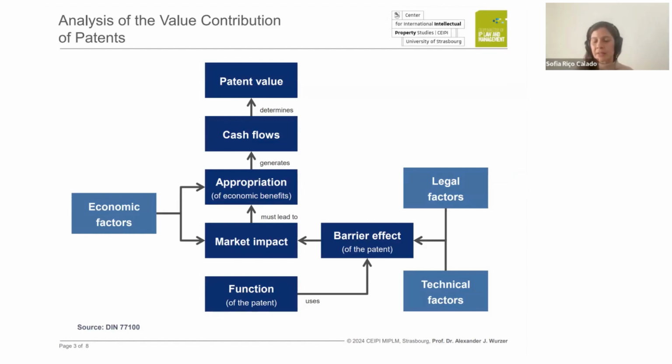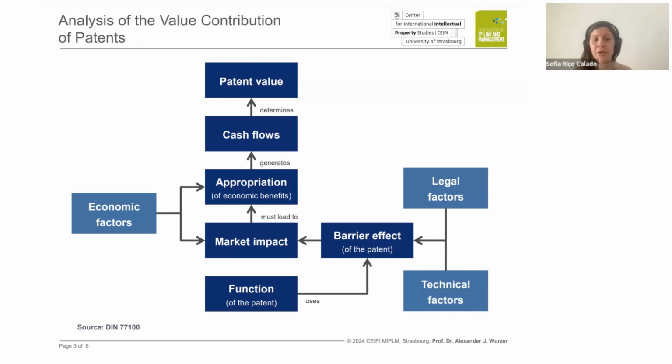Given the case that was given to us, for example, one legal factor is the coverage of the patent that was expanded to different EU countries. And a technical factor to take into account is the coherence of the portfolio that covers both machine aspects and also processes.